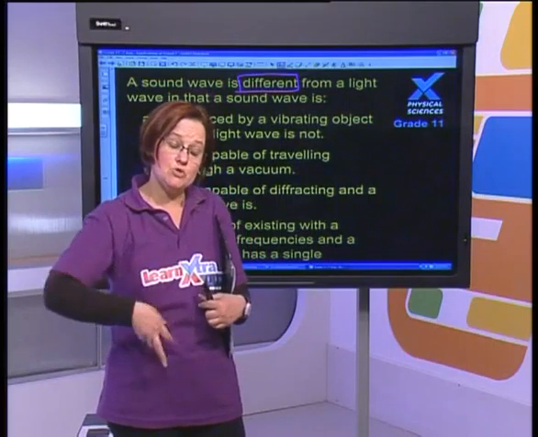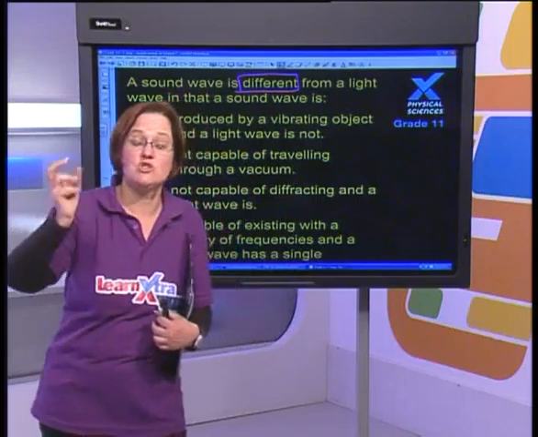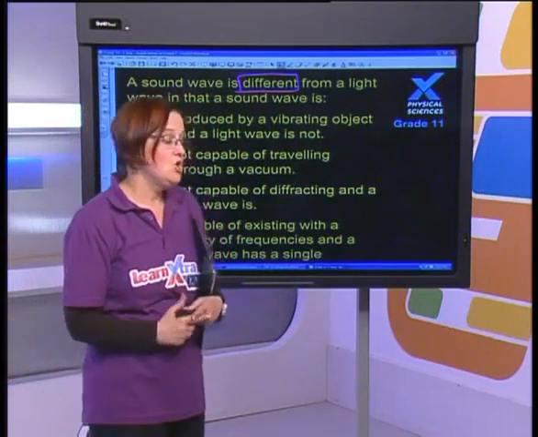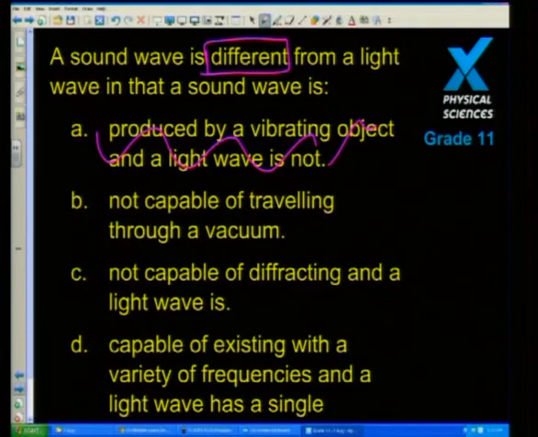That explosion causes charged particles to vibrate. That vibration of the charged particles is what gives us light. So sound and light both come from vibrating objects. B, sound is not capable of traveling through a vacuum. Yep, that's true. Next one, sound is not capable of diffracting, and a light wave is.